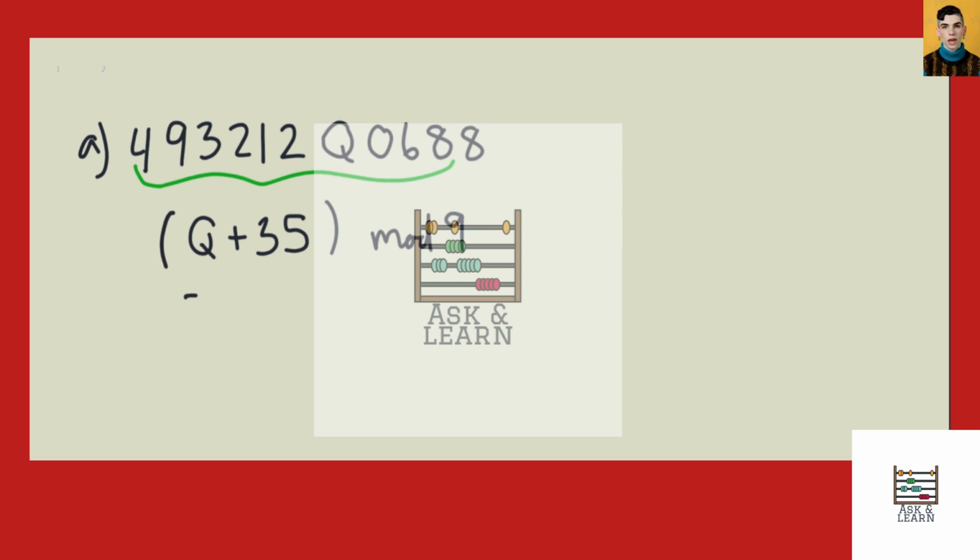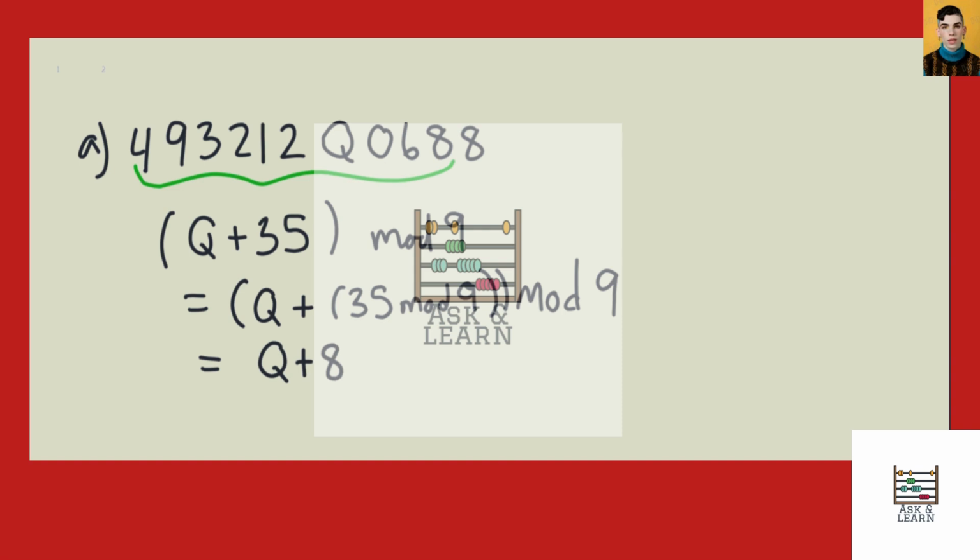Well, this is equivalent to Q plus 35 mod 9, mod 9. So it's going to give us Q plus 8 mod 9.